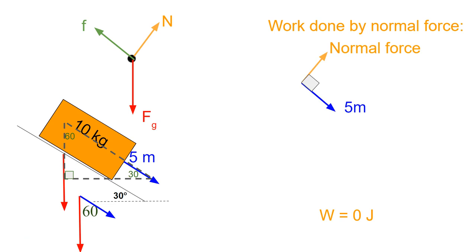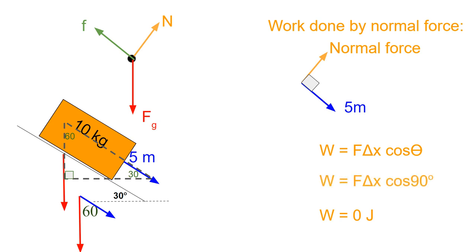If you remember correctly, we've done a similar example before. We don't know what the magnitude of the normal force is, but we do know the angle between the normal force and the direction in which this block is traveling is 90 degrees. We also know that cos of 90 degrees is equal to 0.